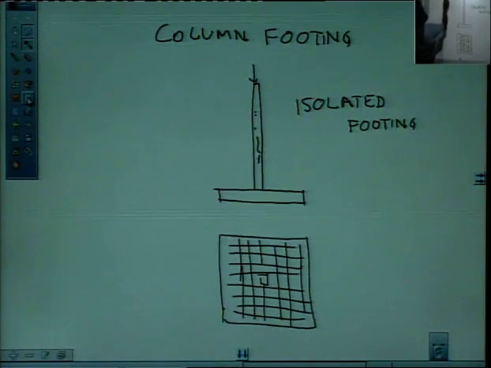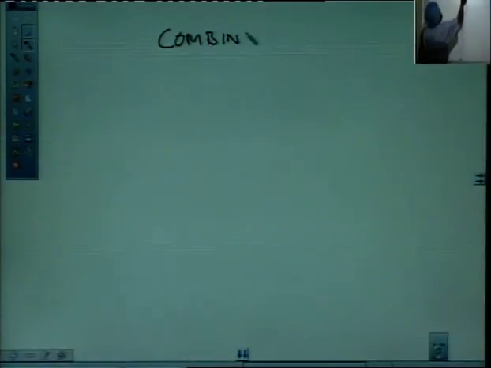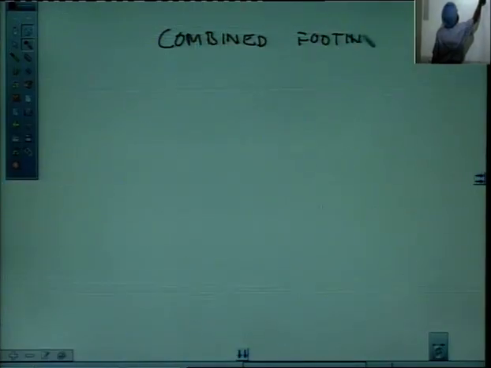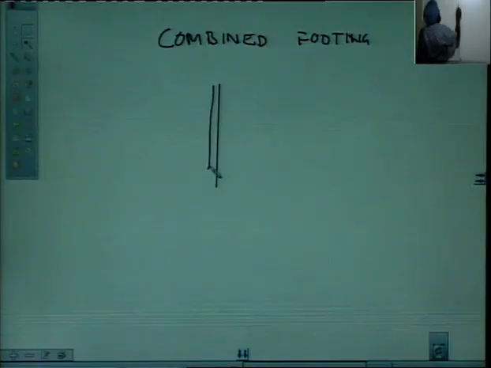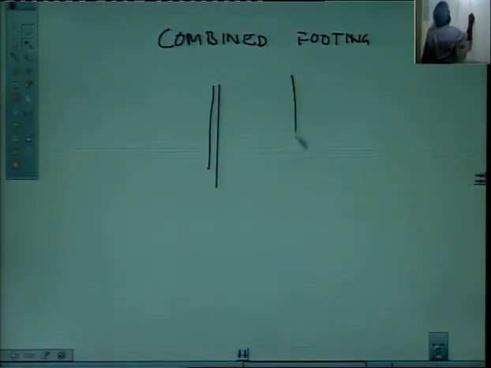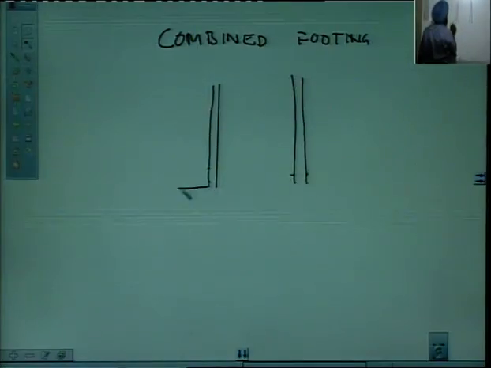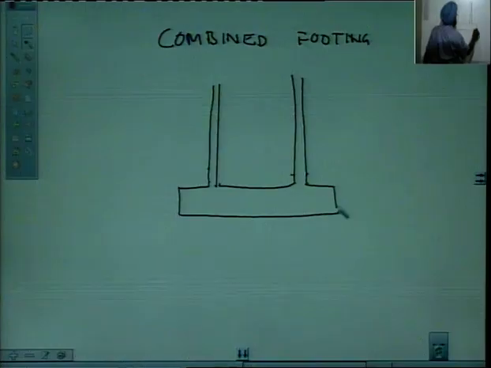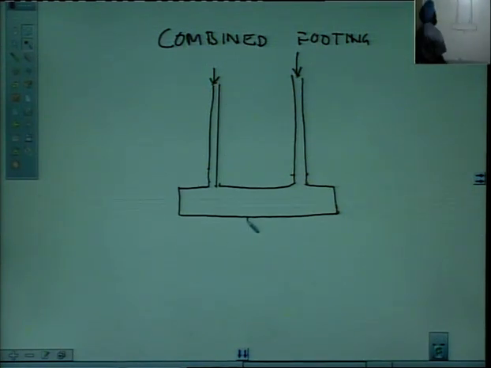Combined footing: if there are two columns very close, you can have combined footing like this one. Load is coming like this one, area is found out and its width is overlapping, then you can have combined footing.